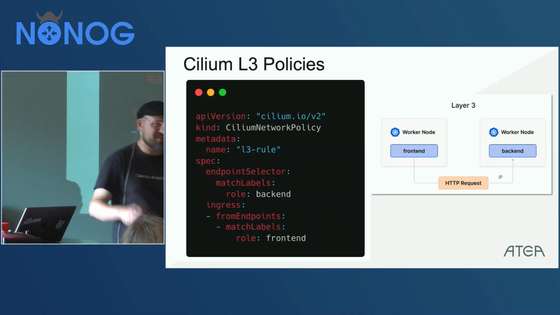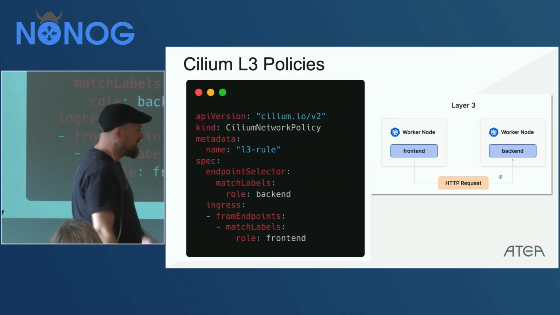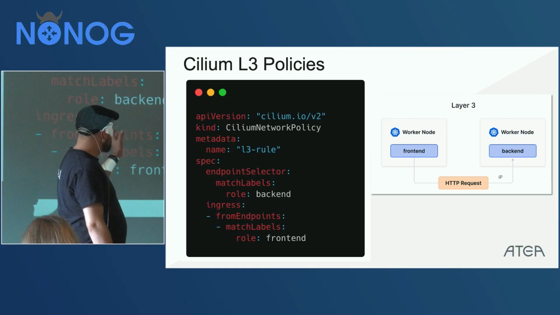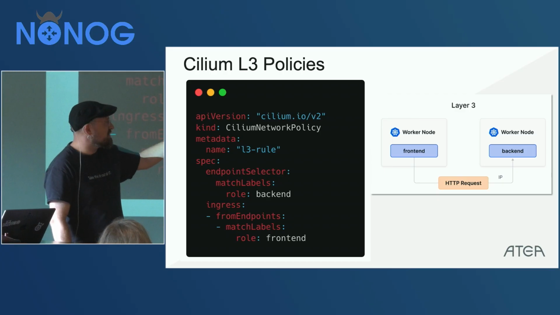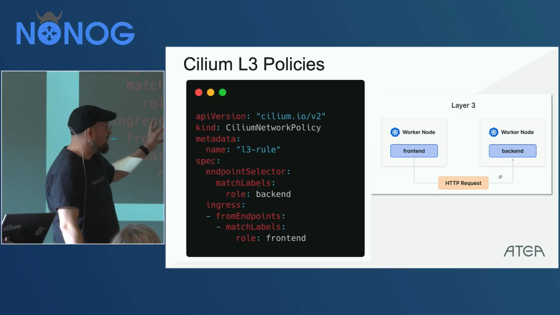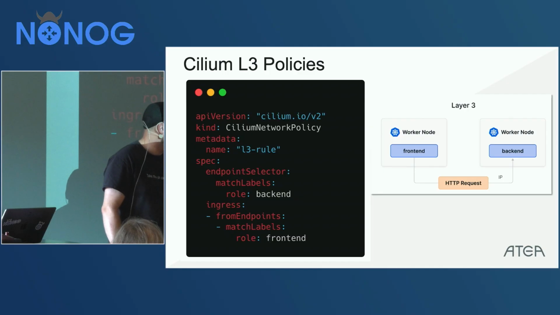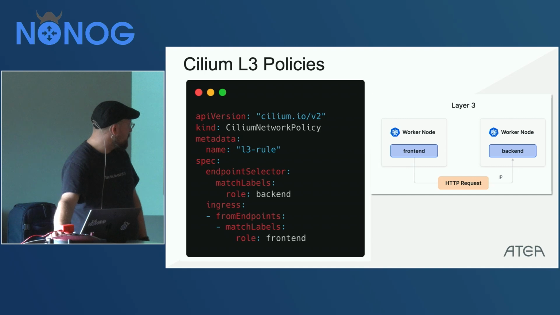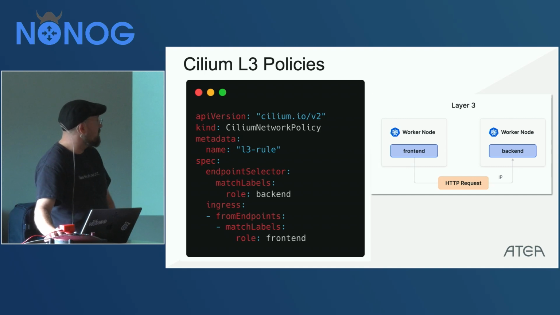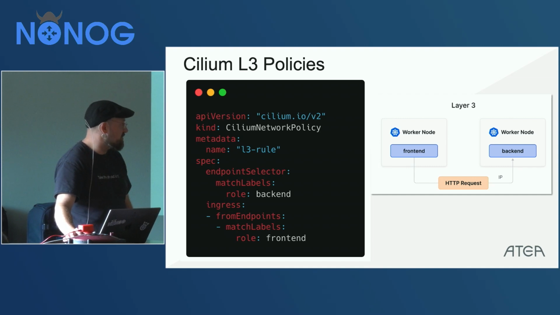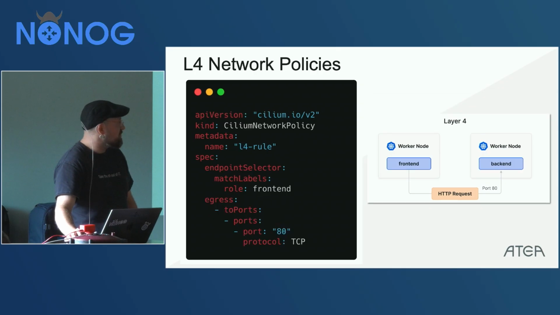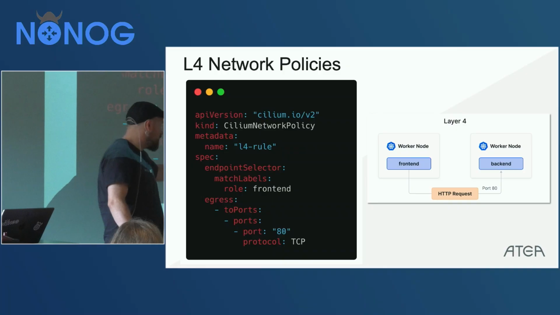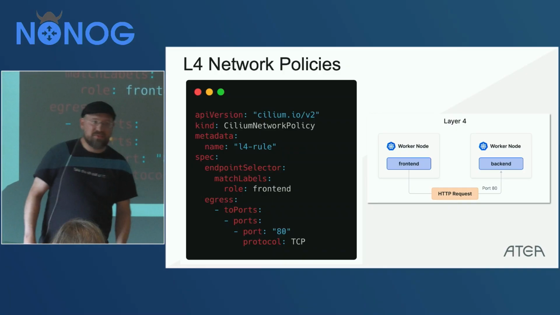So down to the policies, because this is why you came, to see the code. This is just an example of a basic layer 3 configuration between front end and back end, just a regular HTTP request, pure layer 3 rule. Then you add the layer 4 rule, where it's going to be on port 80 TCP.